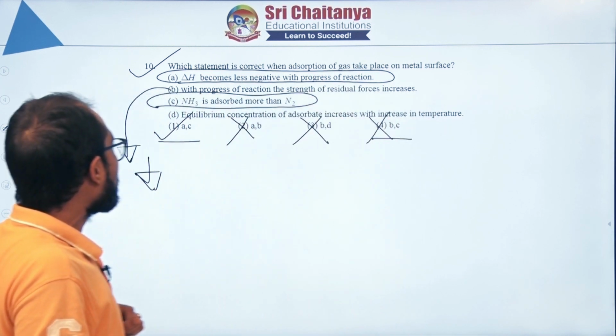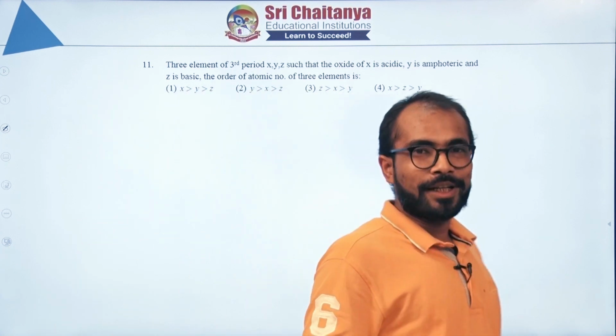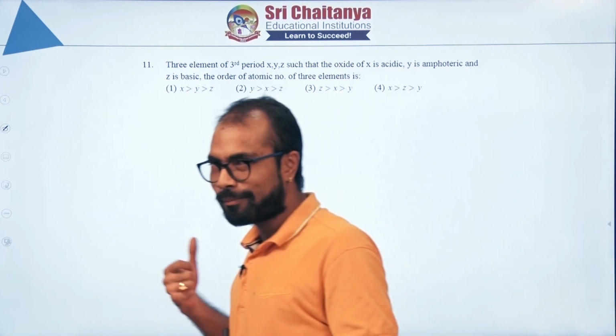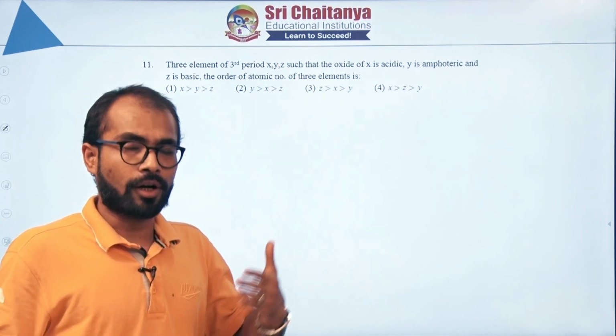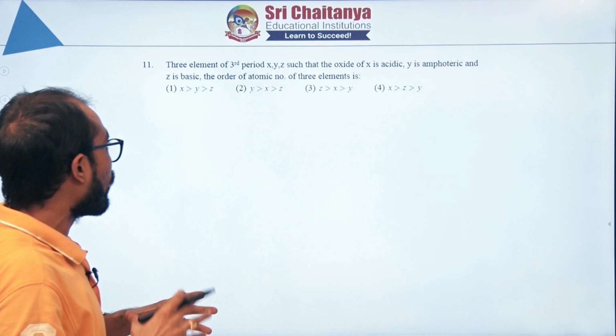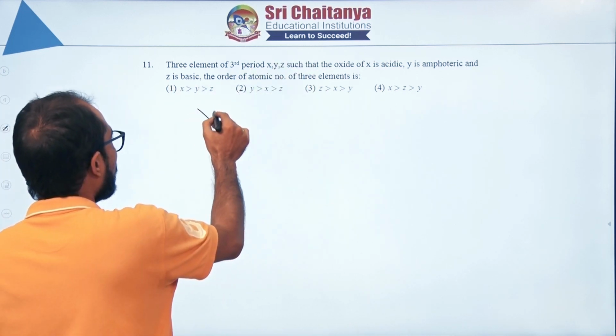Now, we will move on to the next question. The next question is again from periodic properties, again very factual and very basic. We know that from left to right the strength of acidic nature of the oxides increases. So, that is what we have to see here. 3 elements are given, what are they?